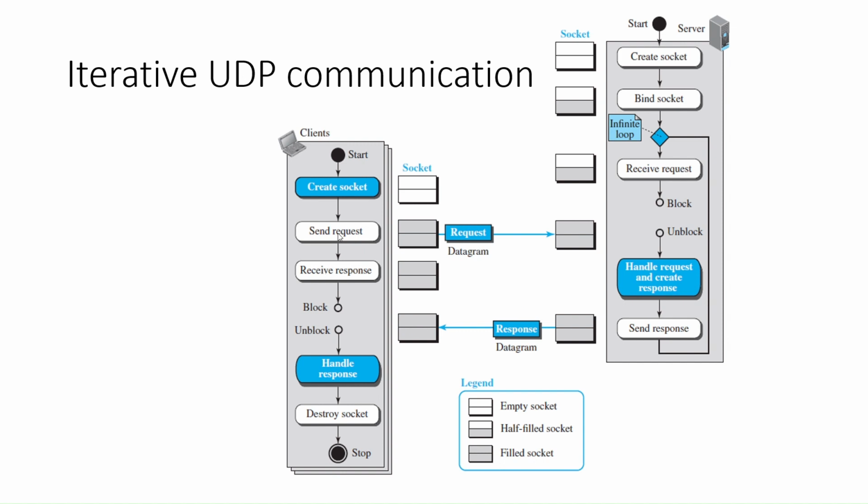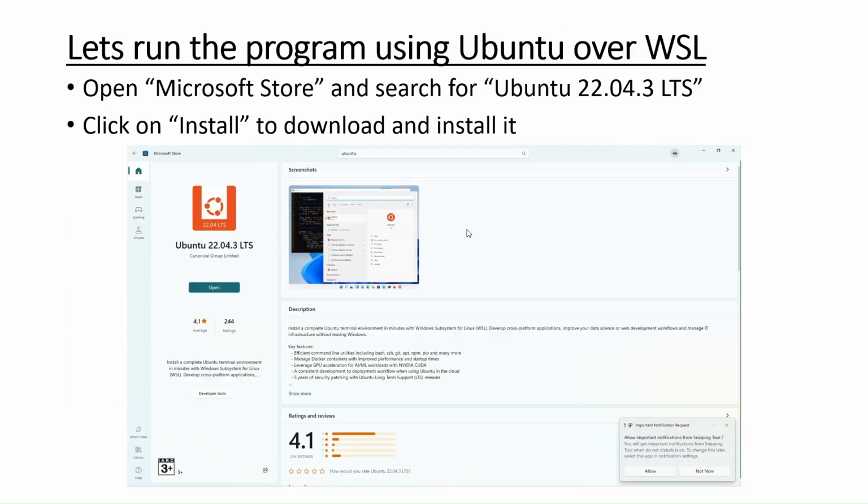Once the request is sent, the client will be blocked waiting for the response. Once the client receives the response from the server, the client will unblock and continue, handle the response, and destroy the socket because it doesn't need the socket anymore. That's how communication using UDP happens.